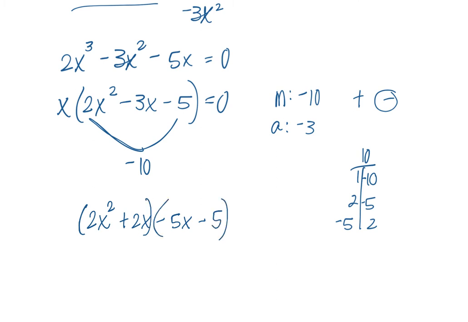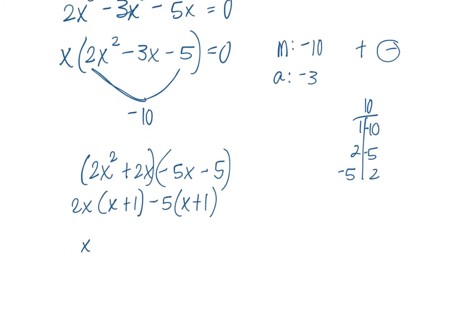We can group the front and the back together. And in the front, we have a GCF of 2x. We're left with x plus 1. In the back, the leading coefficient is negative. Pull out a negative. And actually, we can also pull out a 5. So we would be left with x plus 1. In both cases, I was left with x plus 1.